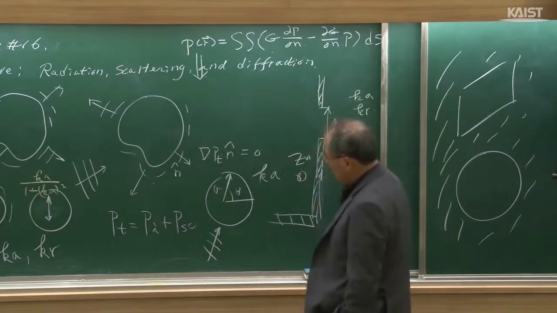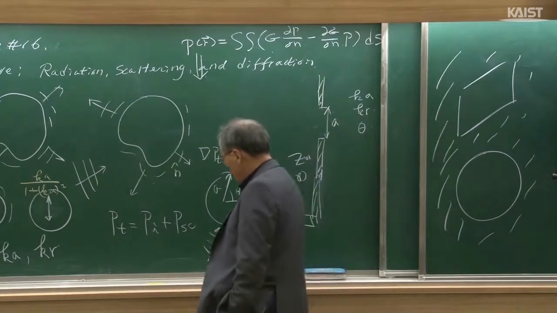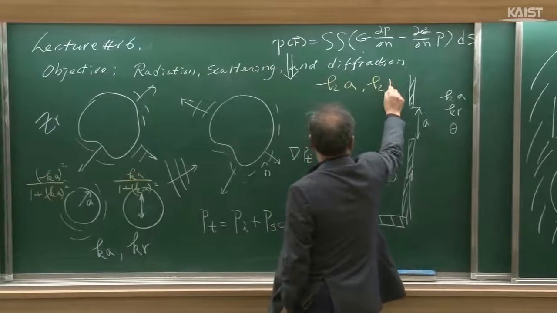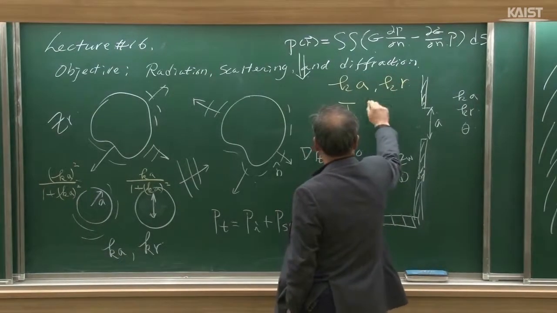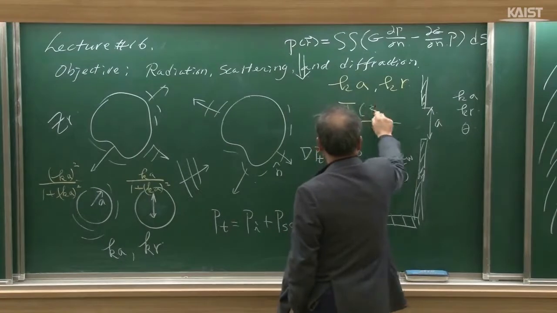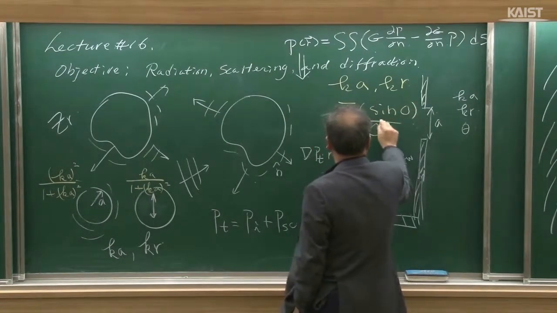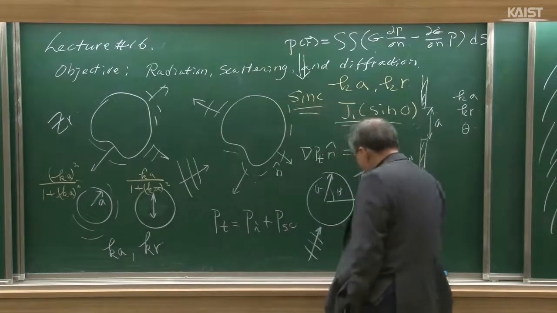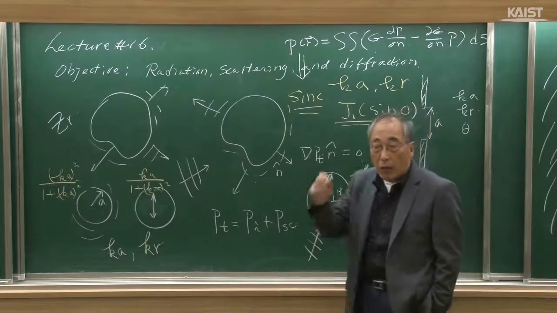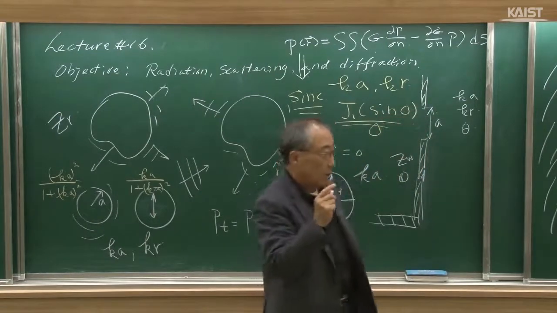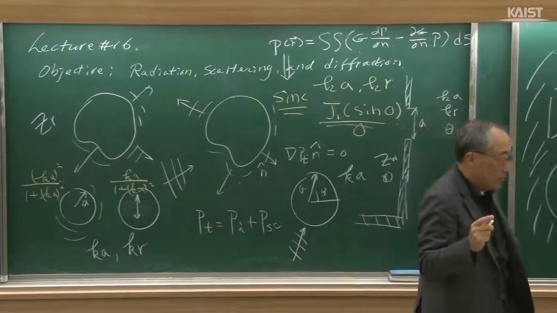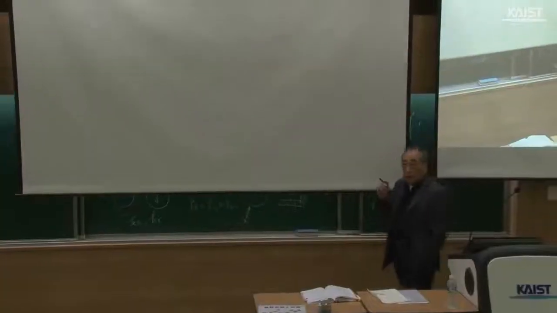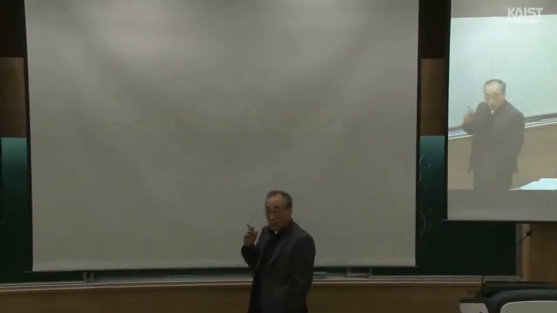Those understandings depend on ka, kr, sometimes J1, sine something divided by something. Sometimes it depends on the sinc function, and so on, as you saw before. And I will repeat in some way to show you how these things are expressed in analytic form today. And this part, as I mentioned to you before, is the most difficult part.